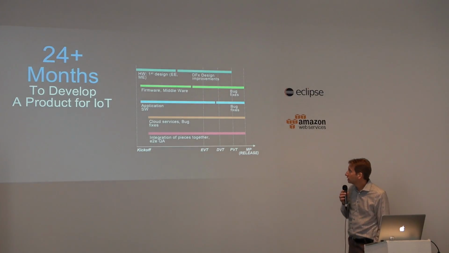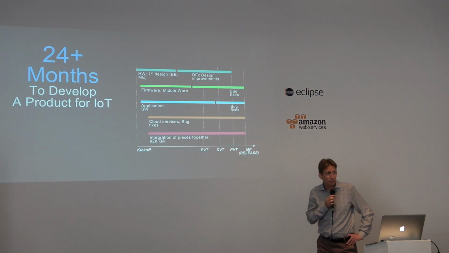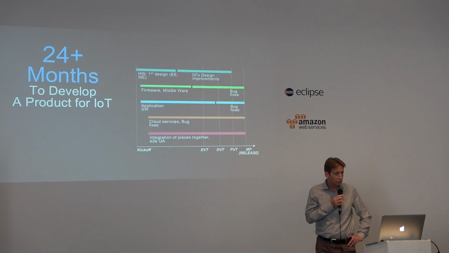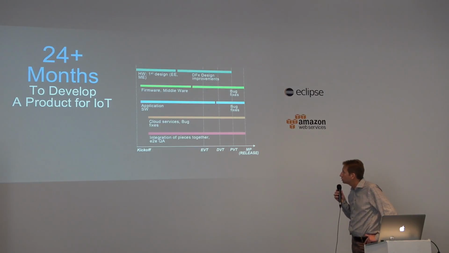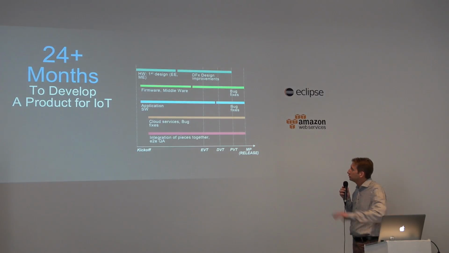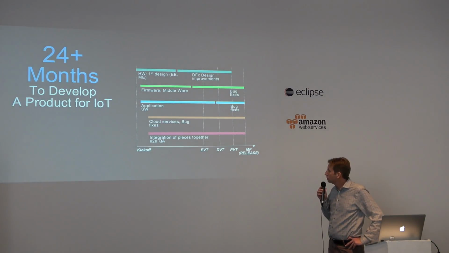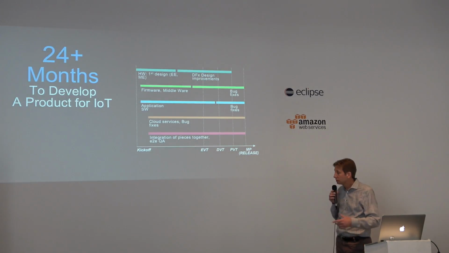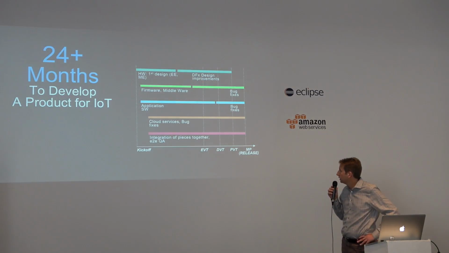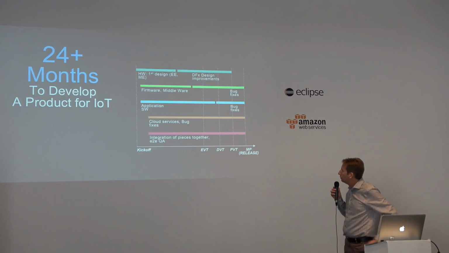Now the bad news is that it takes a lot of effort to develop a product or an implementation for IoT. Here's a Gantt chart showing everything from hardware design to software design, to implementing cloud services, from the kickoff to the various validation tests. We have several cycles of validation tests on to mass production.